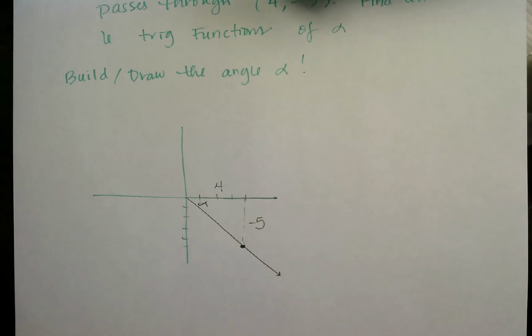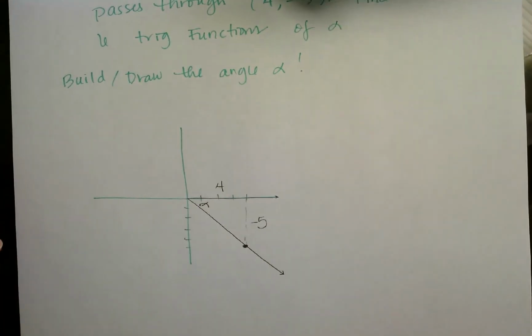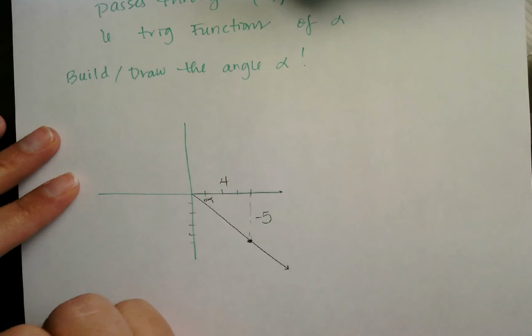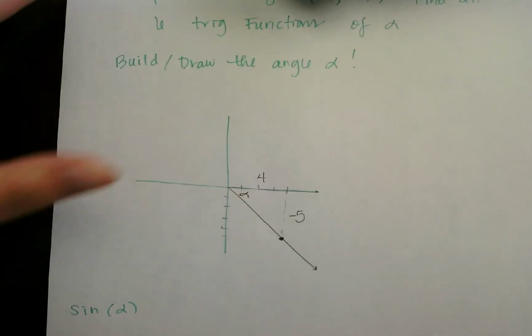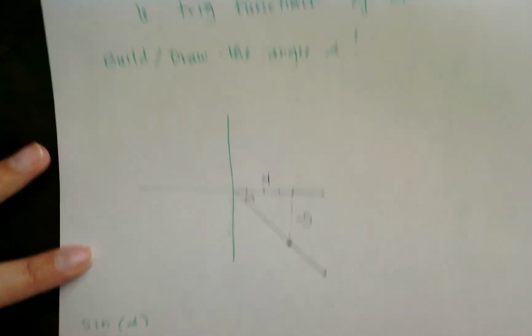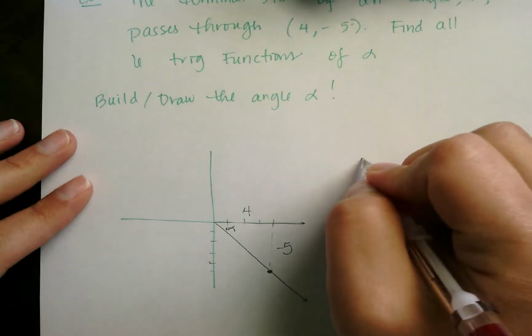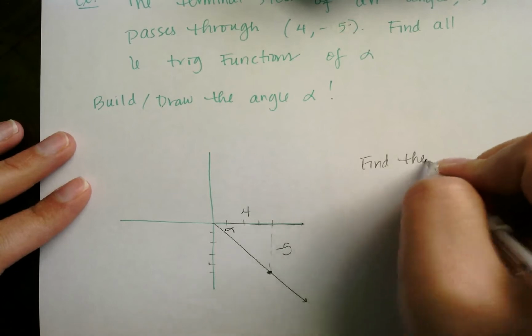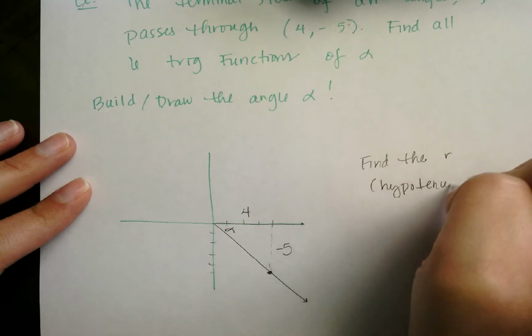And it wants us to find all 6 trig functions of alpha: sine of alpha, cosine of alpha, etc. It wants us to find all 6 of them. So what do we got to do first? Find the hypotenuse, or R. I'm going to start calling it the hypotenuse.